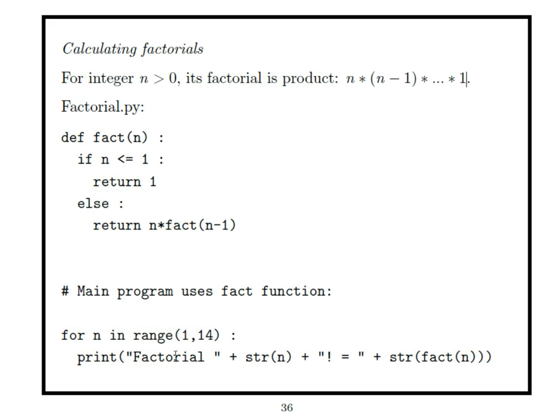You can do the same thing here. Do a bounded loop for numbers 1 up to 14, compute the factorial of that number, and print it out again, remembering to convert the number here and here to a string to print it. And factorial is written with an exclamation mark.